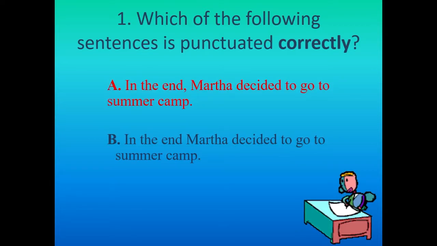If you chose A, you are correct. In the end, comma, Martha decided to go to summer camp. In the end needs that comma there because it is separating the introduction from Martha decided to go to summer camp. And if I just had in the end by itself, that wouldn't make any sense. So I need that comma to separate those two phrases.